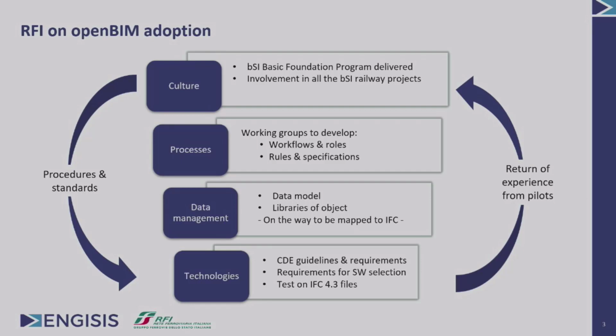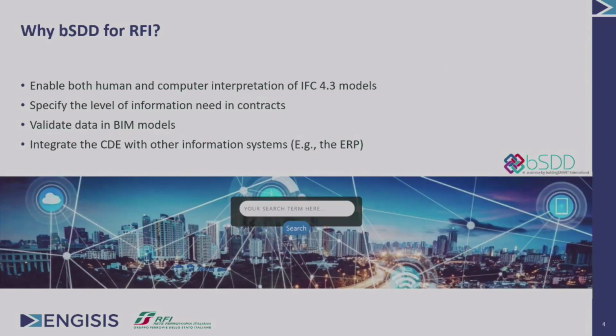So why are we working with the bSDD now? So RFI wants to create their own dictionary because they need to specify some detailed levels of needs and requirements in contracts. And as Leon stated beforehand, bSDD helps because it gives a tool or a place, let's say, for the external operator to actually go to get these requirements and the classification.